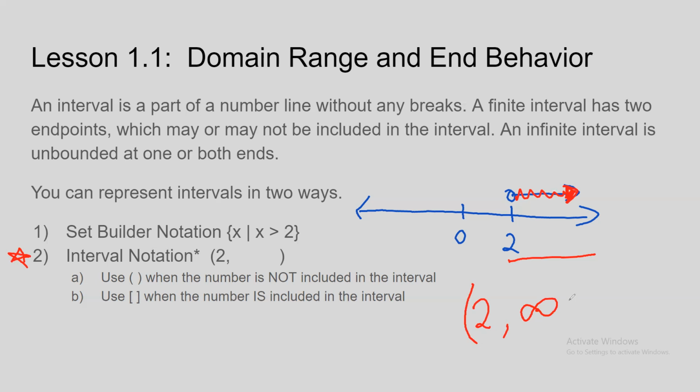I'll show you an example later, but infinity or negative infinity will always be parentheses, because it's so big we can't put a value on it. It just goes on forever. So it's parentheses 2, comma, infinity, parentheses. All right. Questions on that? No?